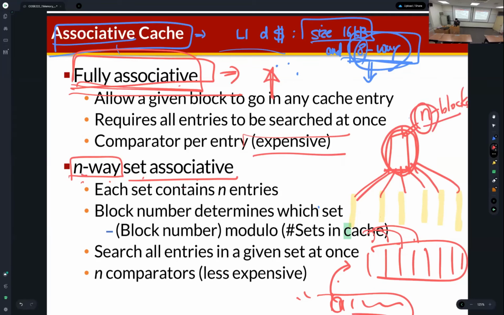This n is the n of n-way. And this is called the set.